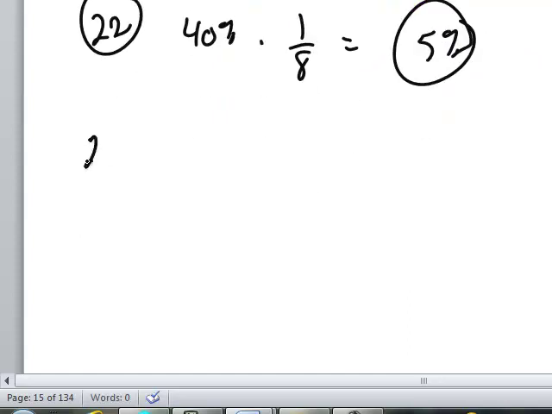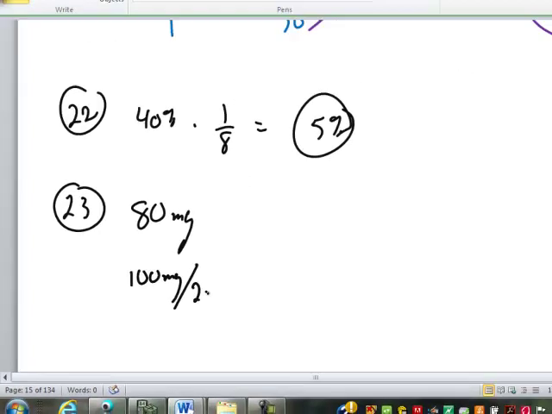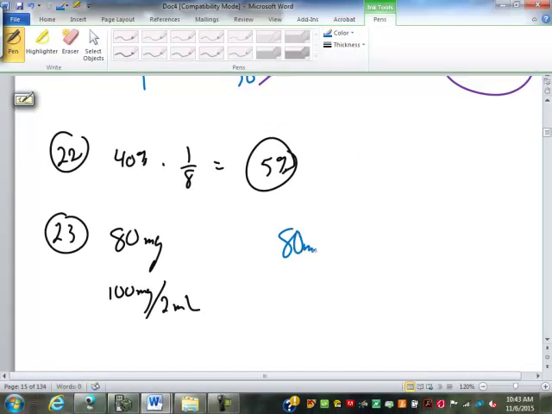23, there's some issues. Physician orders 80 milligrams. One vial of the solution has a dose strength of 100 milligrams per 2 milliliters. So you have your 80 milligrams over 1.